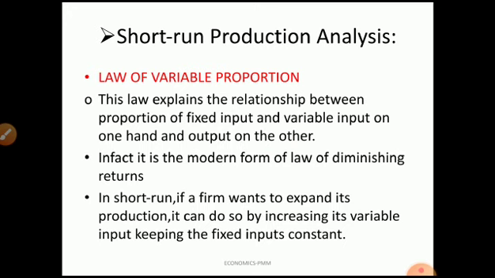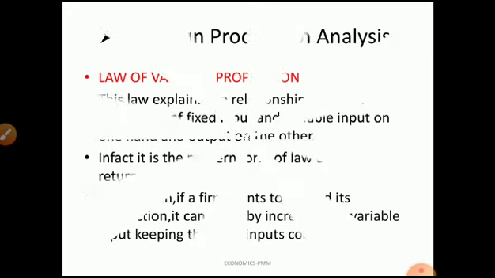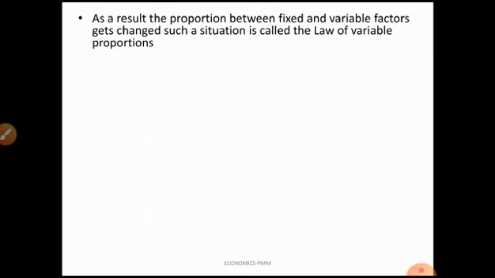We have already studied the importance of time in the production process. As a result, the proportion between fixed and variable factors gets changed. Such a situation is called the law of variable proportions.